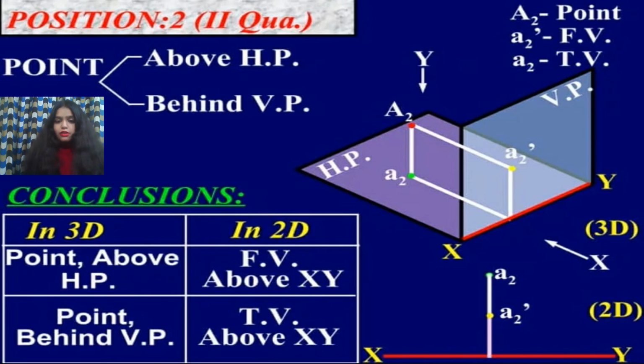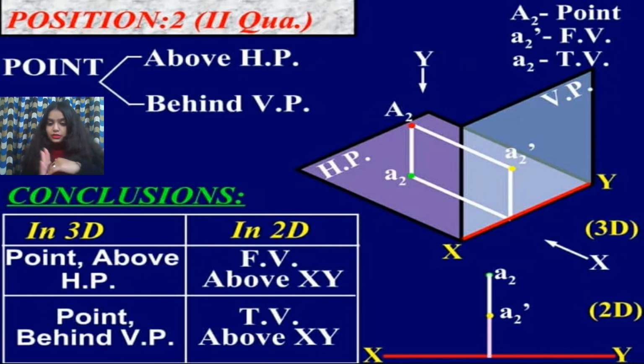Clear? Now you cannot keep it as 3D because we need to draw the projection of a point, plane or straight line, anything, on the engineering sheet. For making it on the engineering sheet, we need to make it in 2D, right? So we have to rotate HP clockwise.